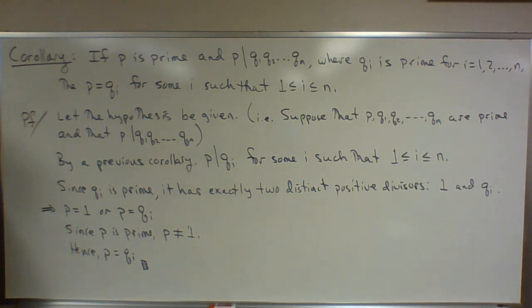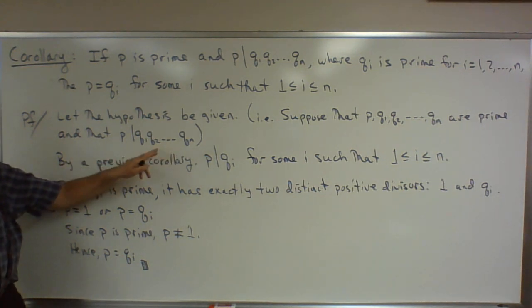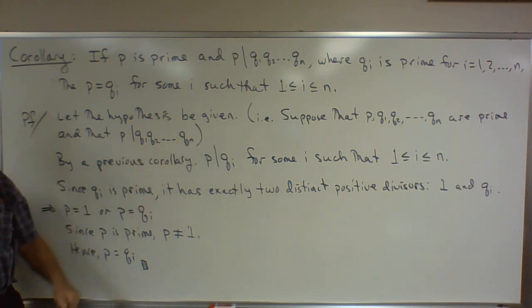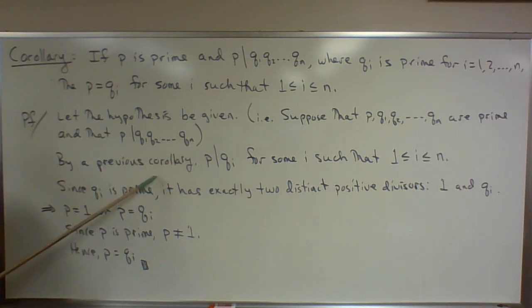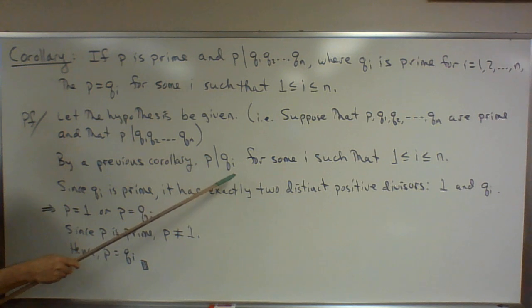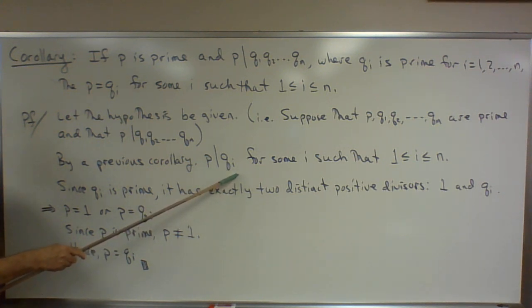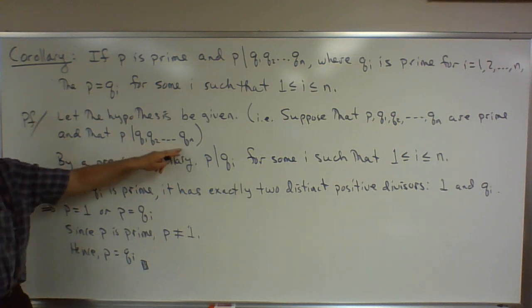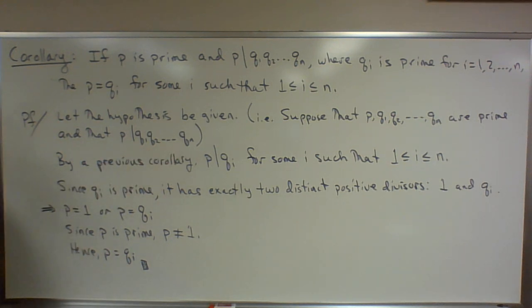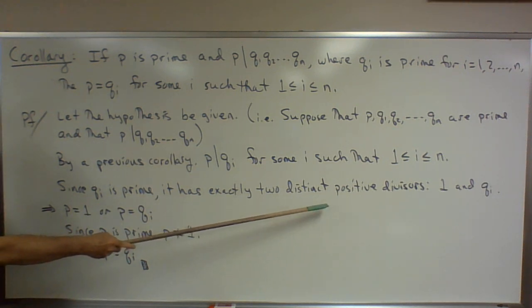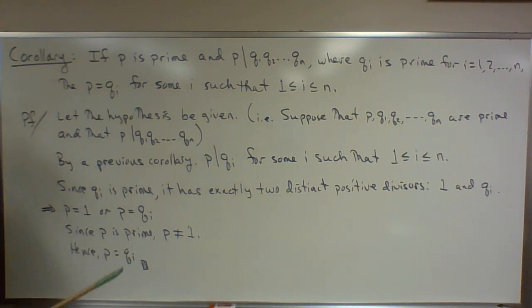So by a previous corollary, since P divides the product of primes, P has to divide one of those factors. P divides Q sub i, where Q sub i is one of these primes. Well, Q sub i is prime, so it has exactly two distinct positive divisors, 1 and Q sub i.